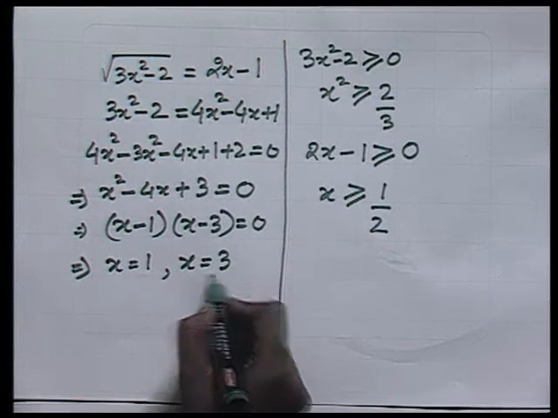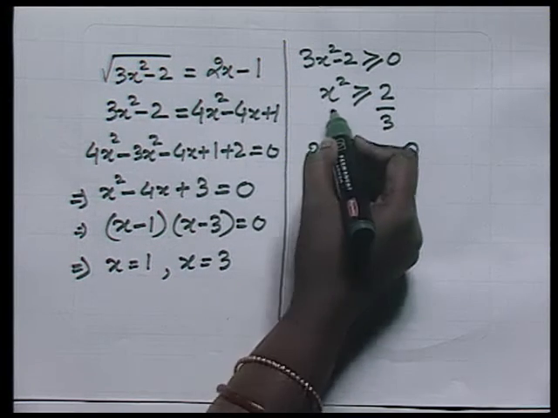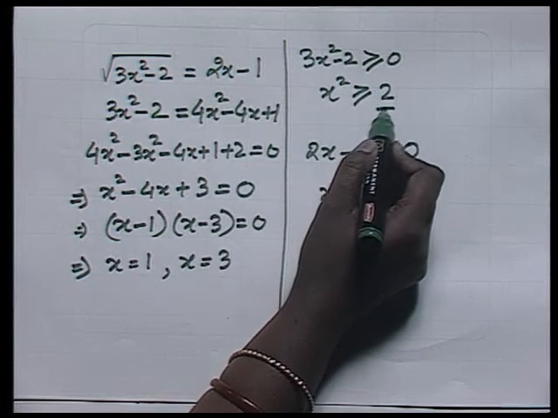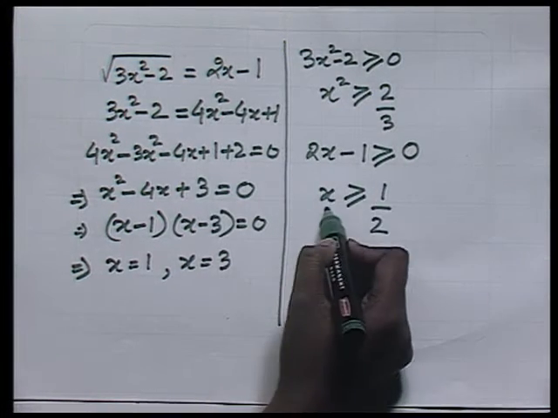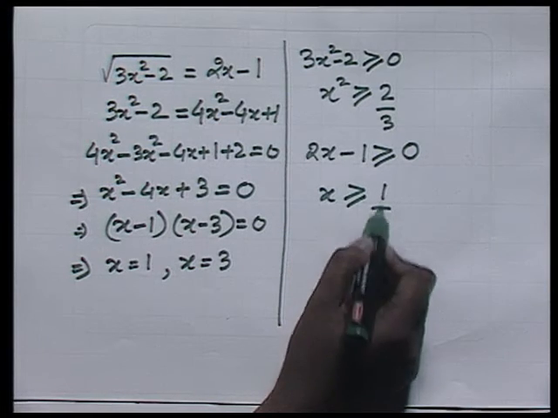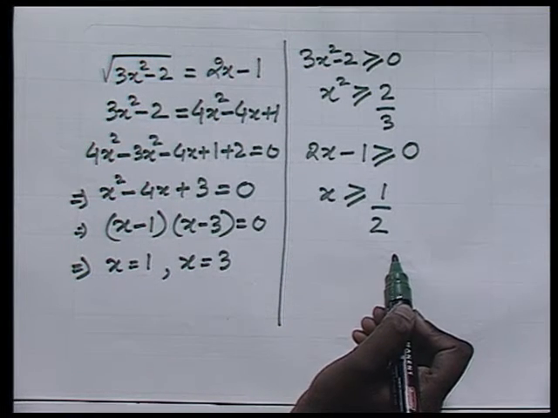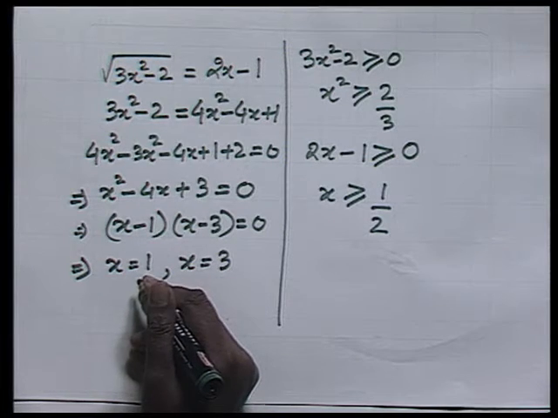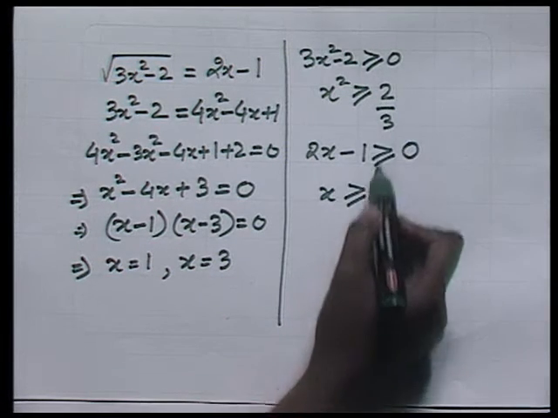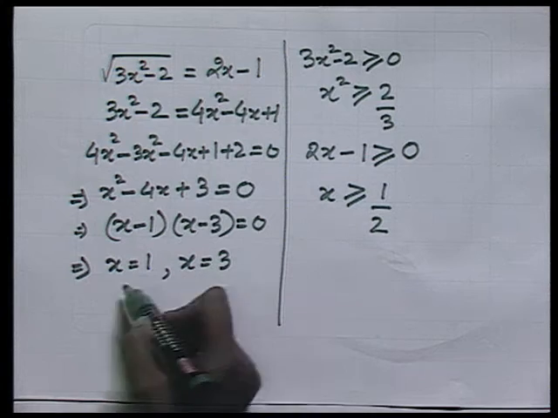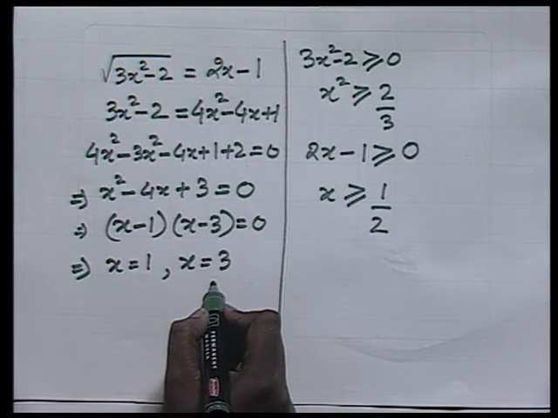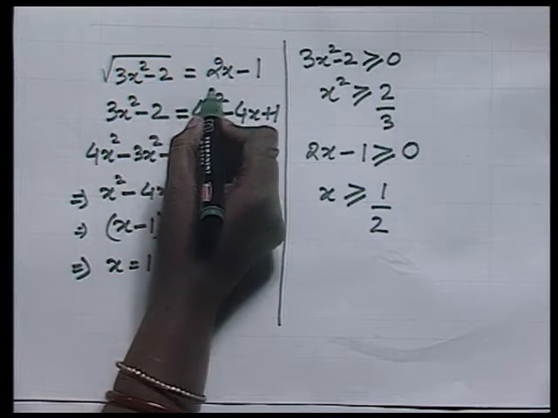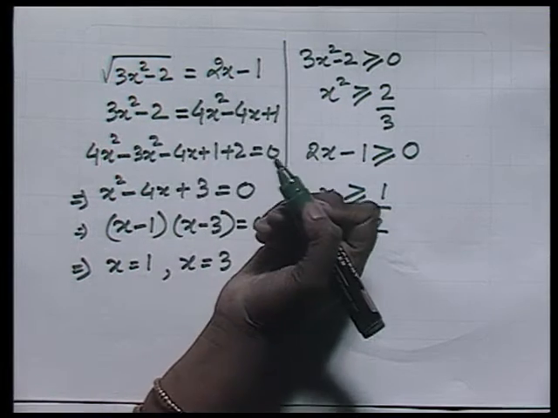Secondly, when we take x is equal to 3, then putting here 3, we get 3 square, that is 9. 9 is greater than 2 by 3 obviously, and 3 is greater than half. So we find that both x is equal to 1 and x is equal to 3 satisfy our conditions. Therefore, x is equal to 1 and x is equal to 3 will be the solutions of this equation under root of 3x square minus 2 equal to 2x minus 1.